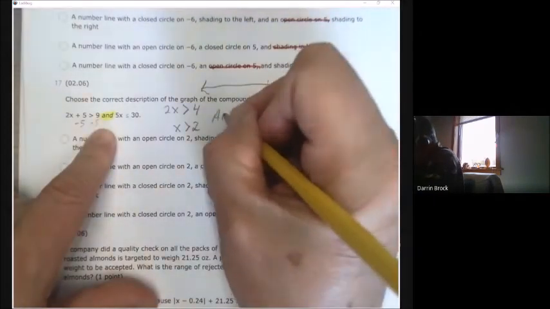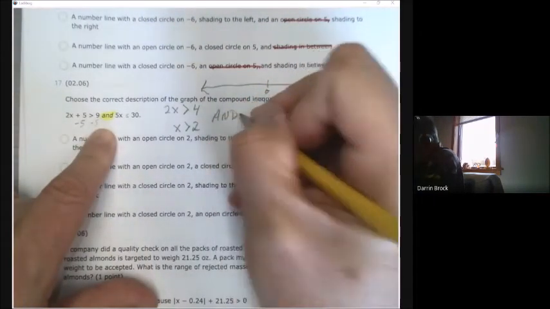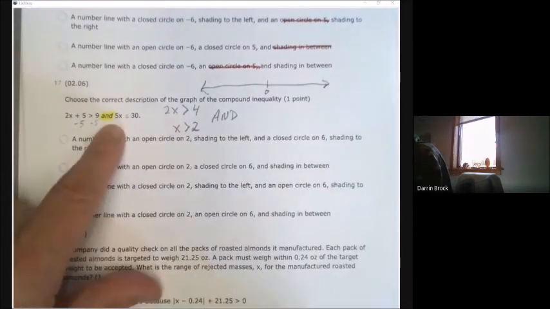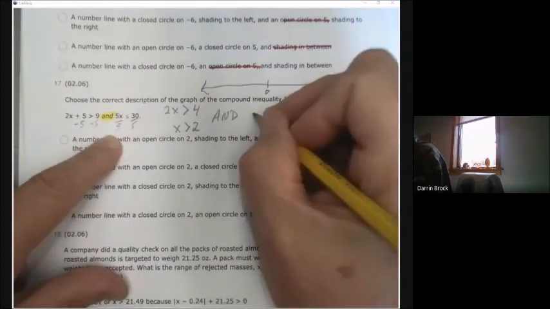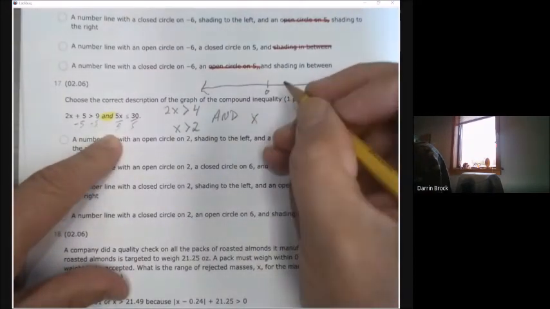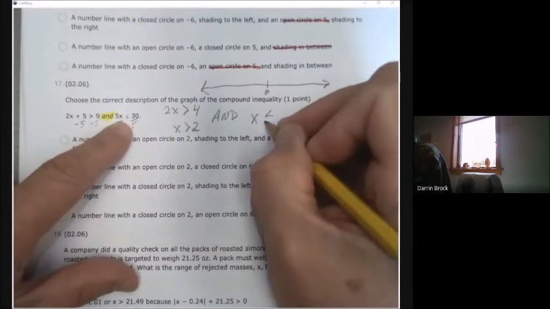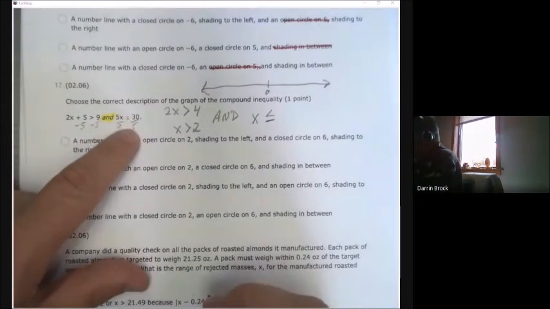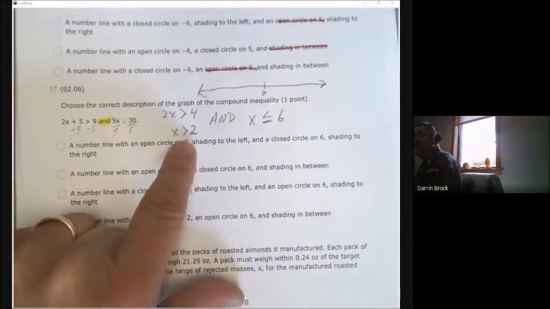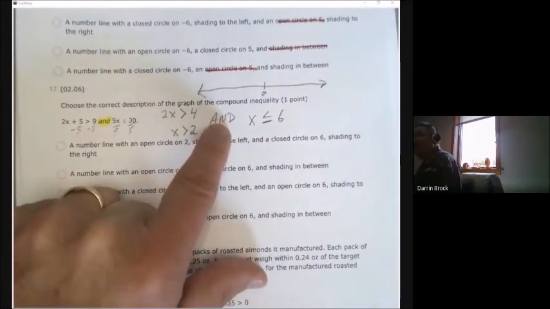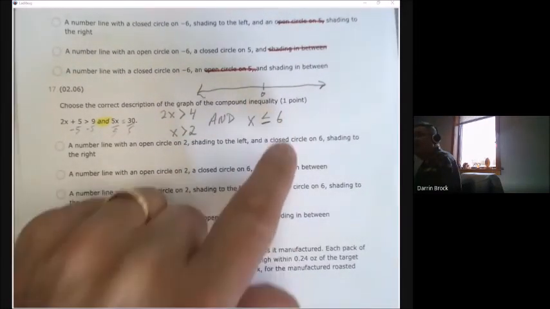And 5x, I've got to divide both sides by 5. 5x divided by 5 is x. This is less than or equal to 30 divided by 5 is 6. So x has to be larger than 2 and smaller than or equal to 6.